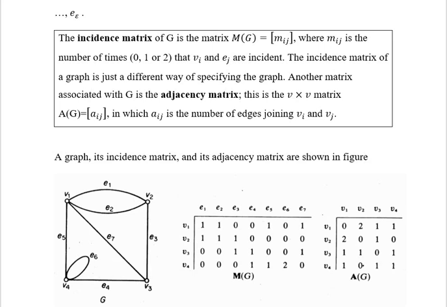Now, for the adjacency of V1 and V3, the digit given is 1, because in the graph V1 is adjacent to V3 only through a single edge. That's why it is written 1 there. Similarly, the digits corresponding to the vertices indicate how many times the vertices are adjacent. This adjacency matrix is generally denoted as A of G.